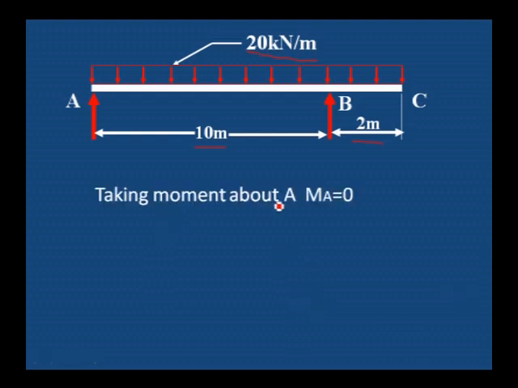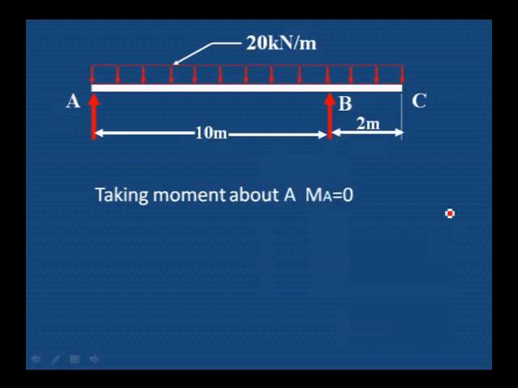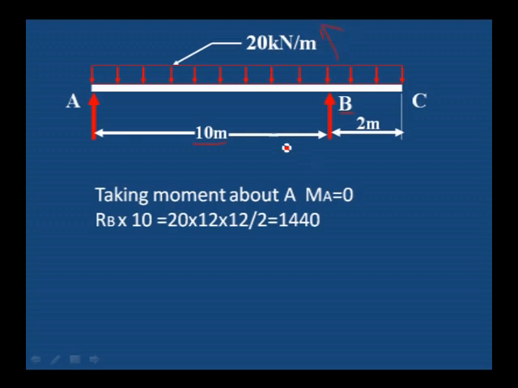Let us take the moment about A. Sum of the moment about A is equal to 0, or clockwise moment is equal to anticlockwise moment. RB into 10, the distance from A to B, is the anticlockwise moment, equal to the clockwise moment due to the load.